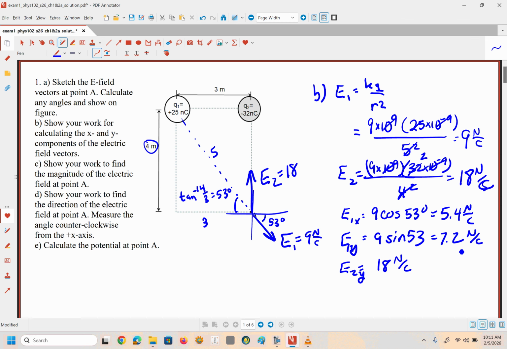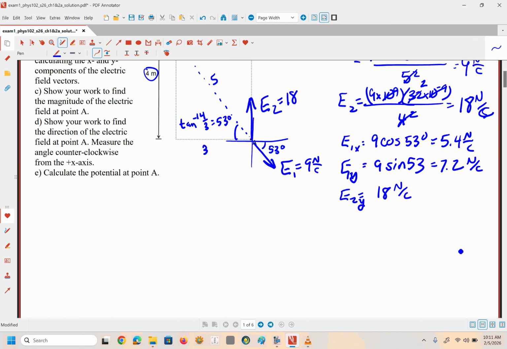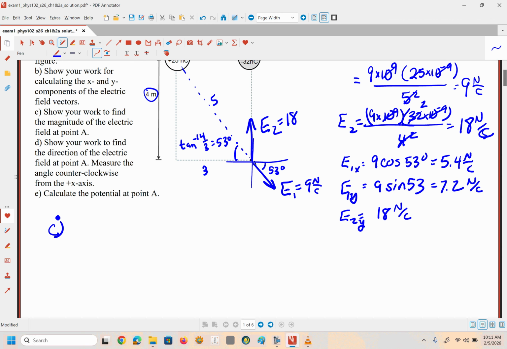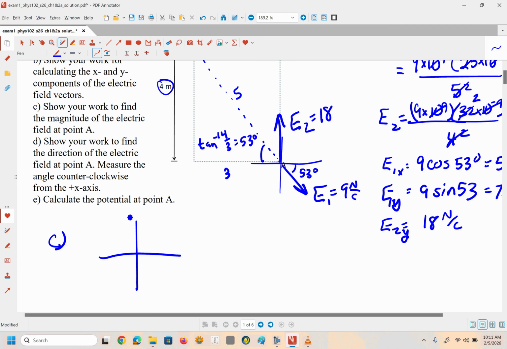And now in part C, it continues on to find the magnitude of the electric field. I'm going to do that down here. It doesn't really matter how you label these different parts, just as long as you have all these different steps. To find the magnitude, I like to draw a picture here so that I get all my components right. I know that this is now 18.